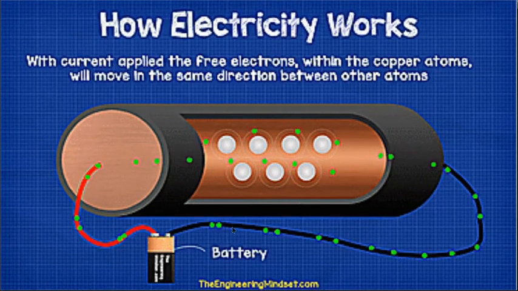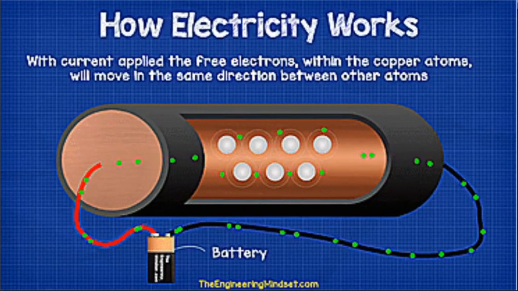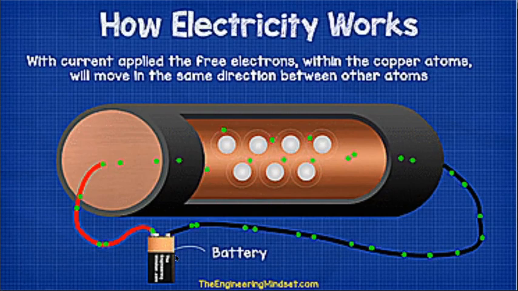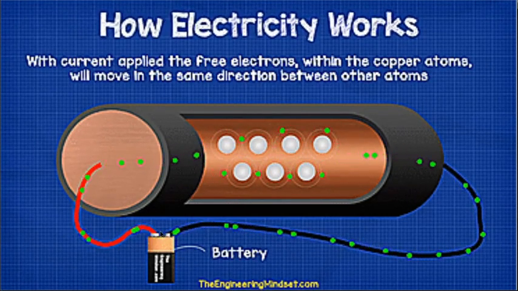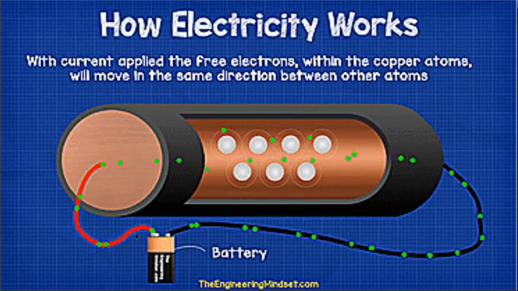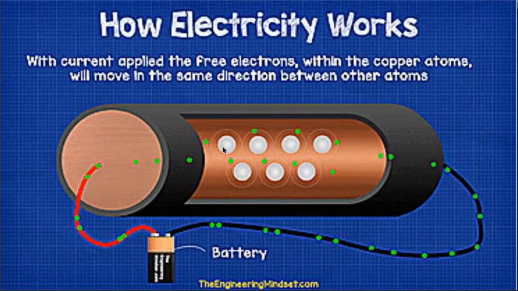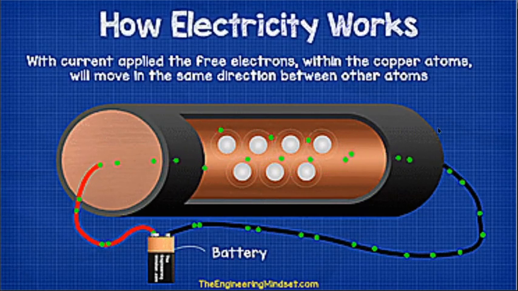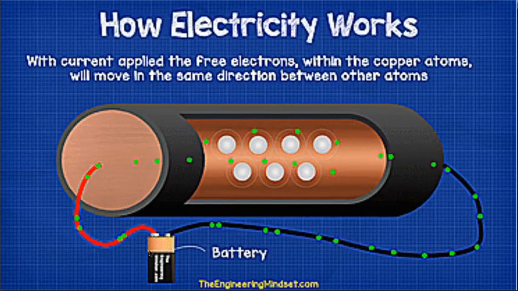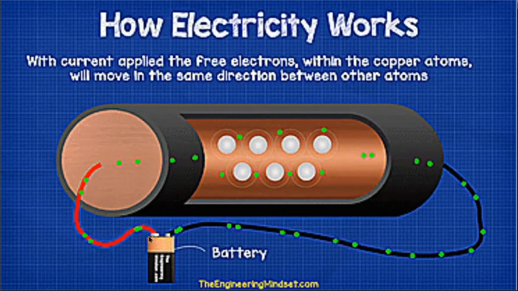We now then make a potential difference with this battery. This battery is like a little electron pump, okay? And the battery provides a potential difference. And now all the electrons get organized and they flow from atom to atom in a particular direction until they return to the battery and complete the circuit.